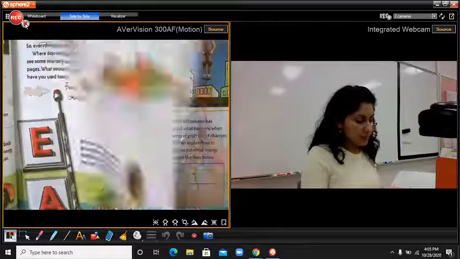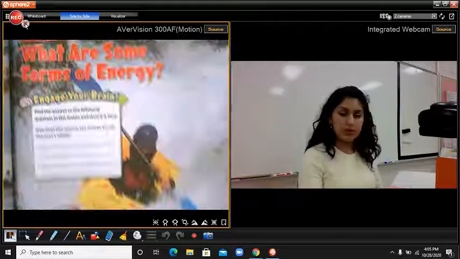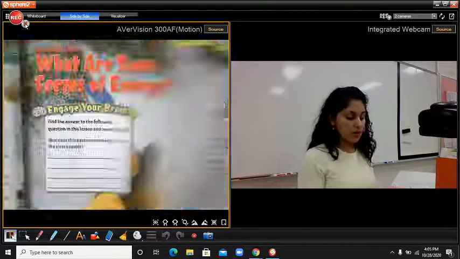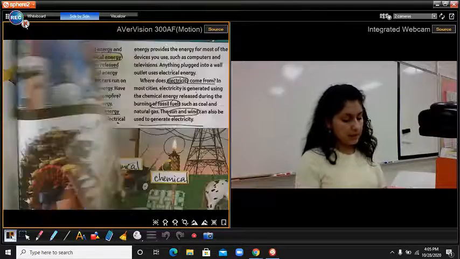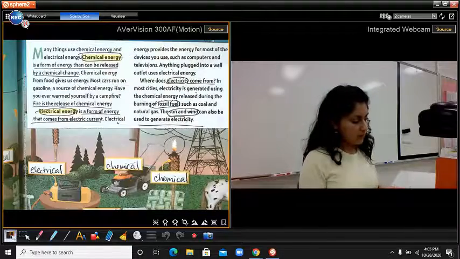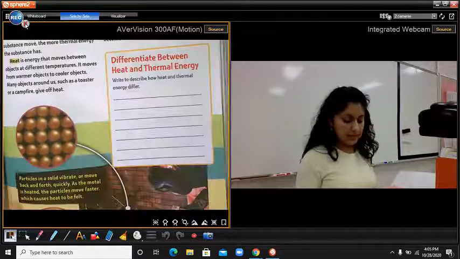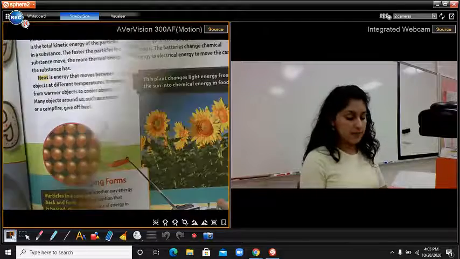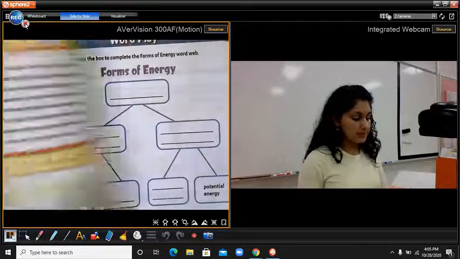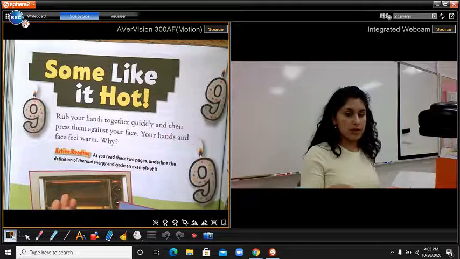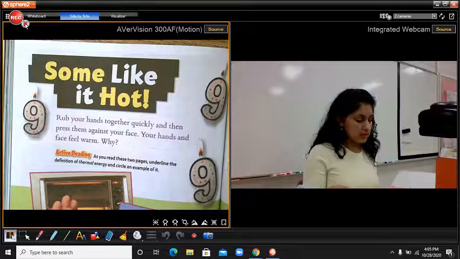Sorry for the interruption, but yes, it starts on page 171 in Science Fusion, the forms of energy, and we're going to continue reading. Hopefully tomorrow we'll finish it, as I know I had said this yesterday, but again, we got cut off some time because of the fire alarm. So starting on 180, we'll continue with that tomorrow.